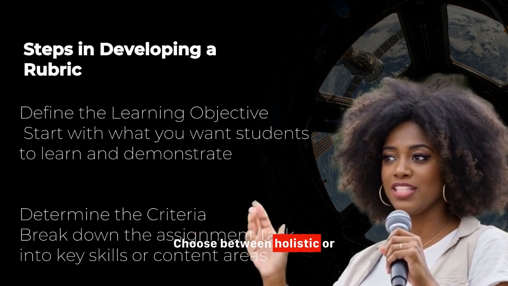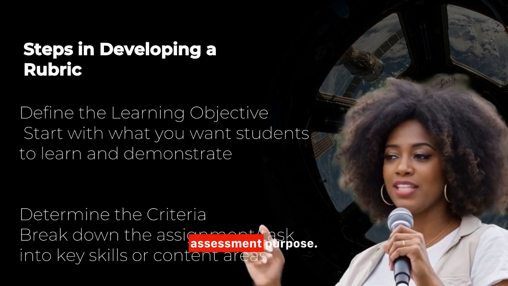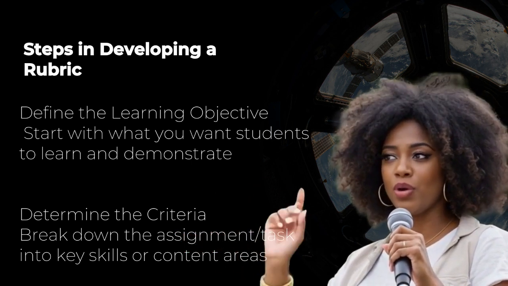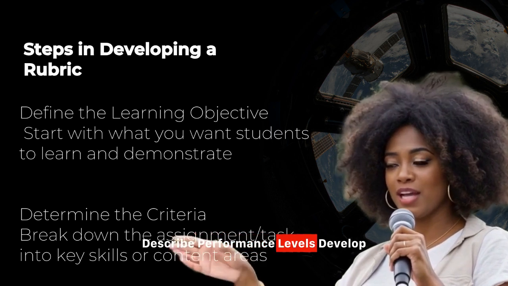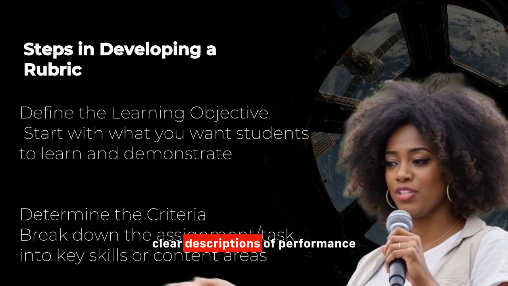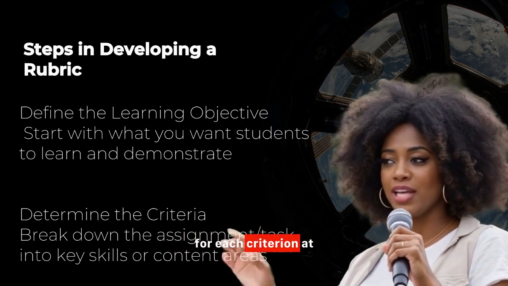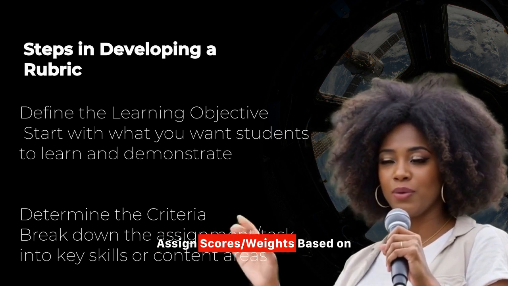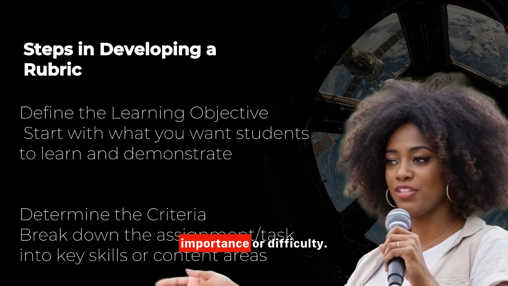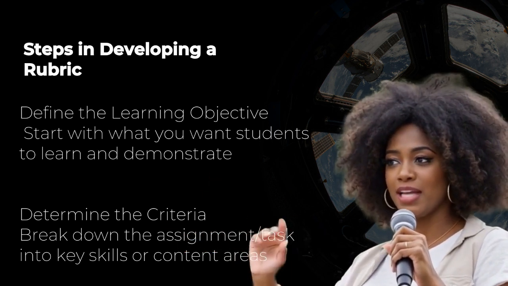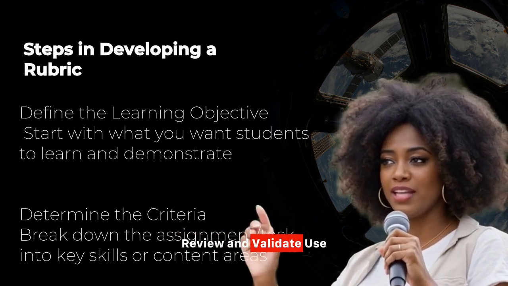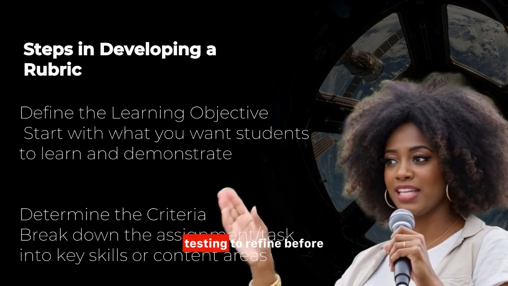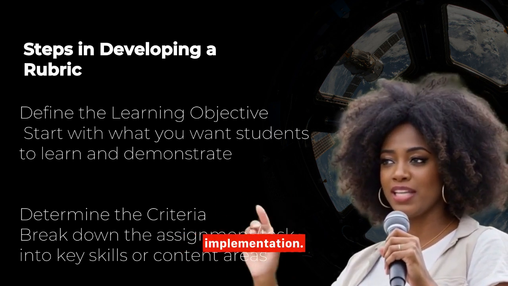Choose between holistic or analytic depending on the assessment purpose. 4. Describe performance levels. Develop clear descriptions of performance for each criterion at each level. 5. Assign scores, weights based on importance or difficulty. 6. Review and validate. Use peer review or pilot testing to refine before implementation.